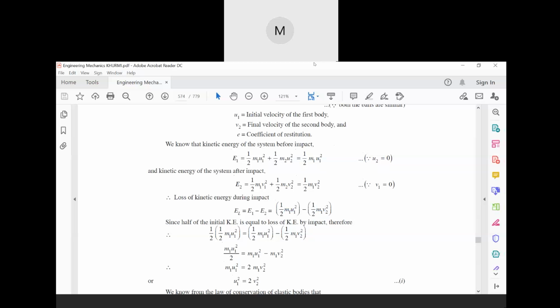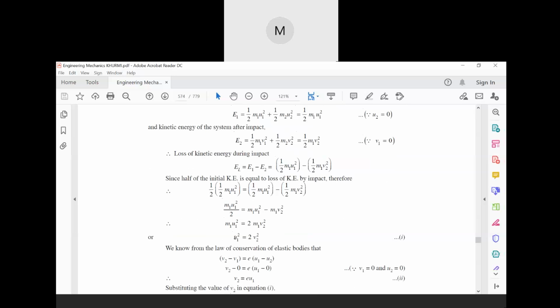Since half of the initial kinetic energy is equal to the loss of kinetic energy by impact, therefore half into half of m1 u1 square equals half into m1 u1 square minus half into m1 v2 square. If you put this in the equation, you will get a relationship between u1 and v2.